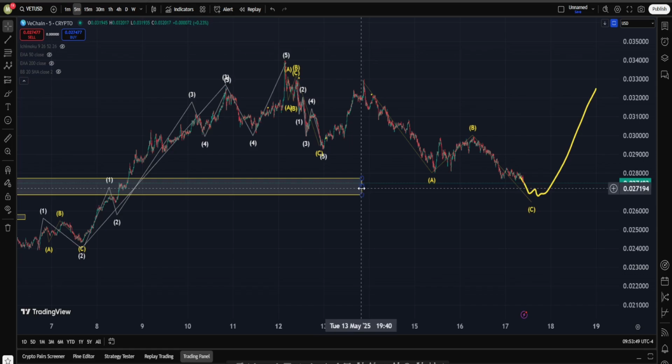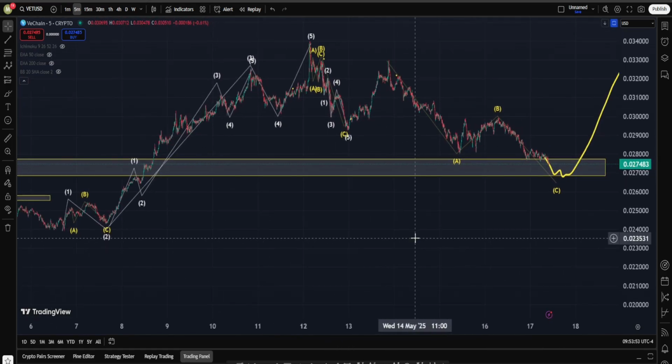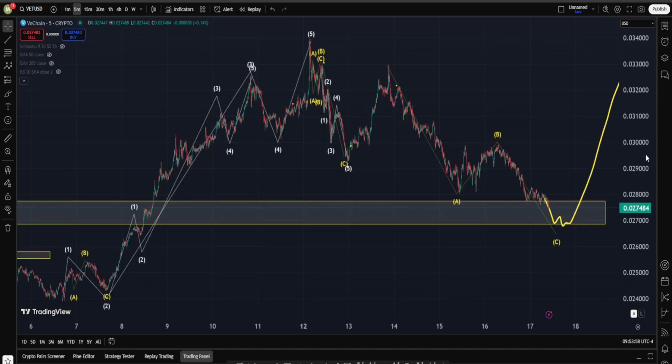Question: what if we get a break of this level? At that point, I think you need to pay attention to what is happening in terms of gaps, because in the H4 time frame there is a gap under this level at about 2.6 cents exactly. But if we want to go down and break this level, there is a more important gap all the way down here at about 2.4 cents.